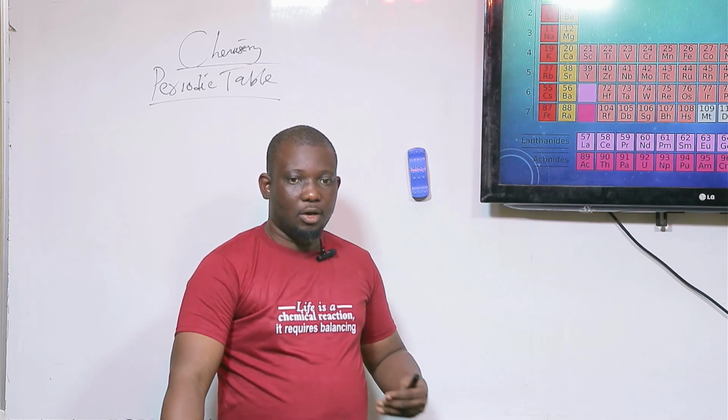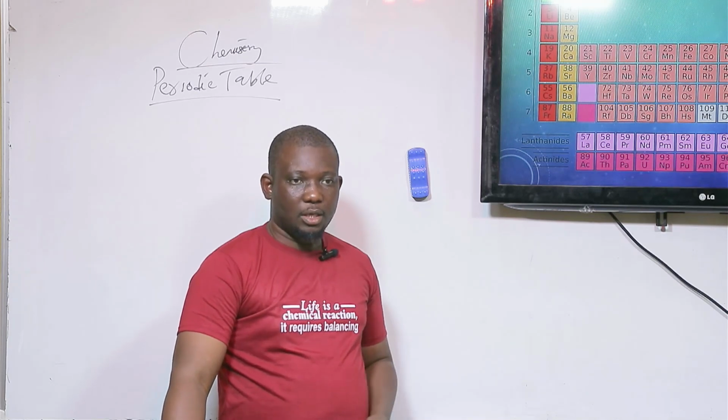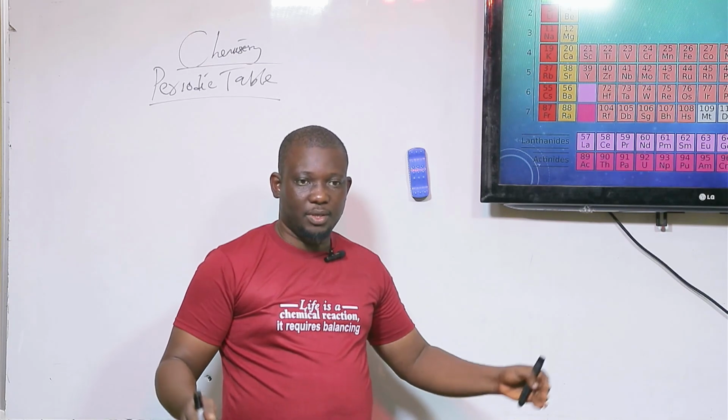And then, this is a typical example of a long periodic table. It's not just a periodic table with the first 20 or first 30 elements.